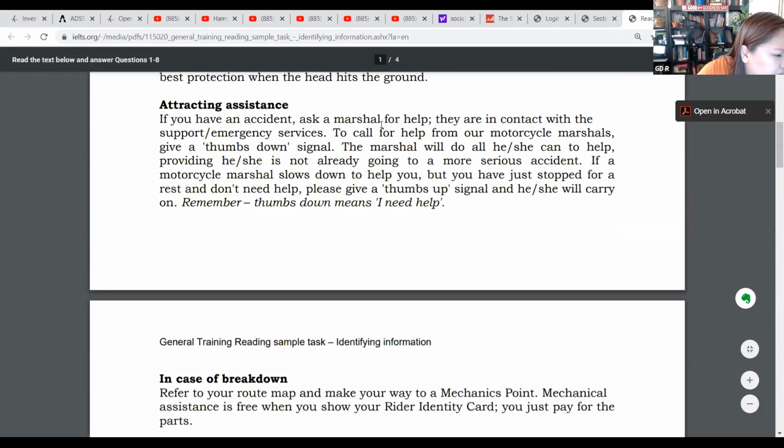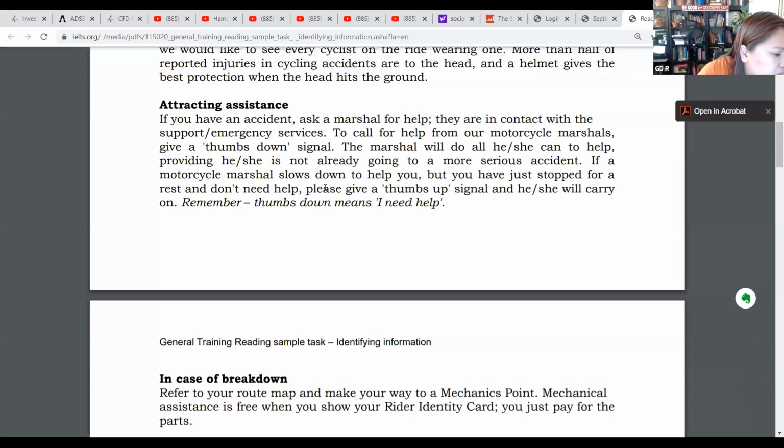Wait. This is regarding if you have just stopped for a rest and don't need help. It doesn't say anything about you going off the road, right?